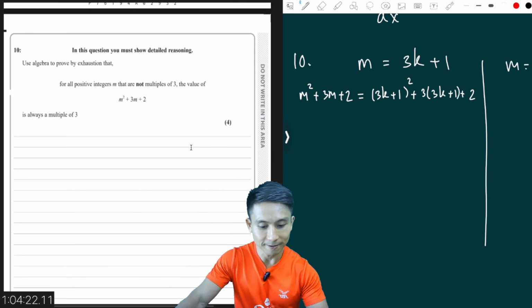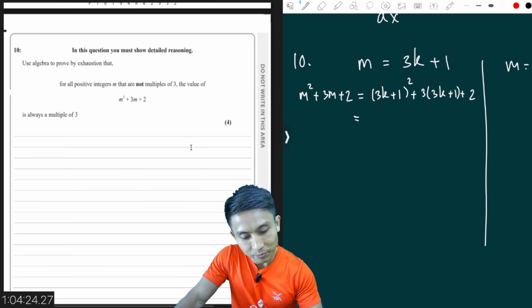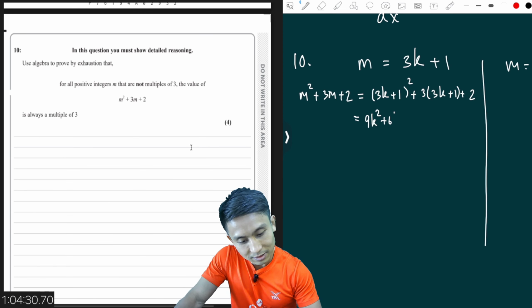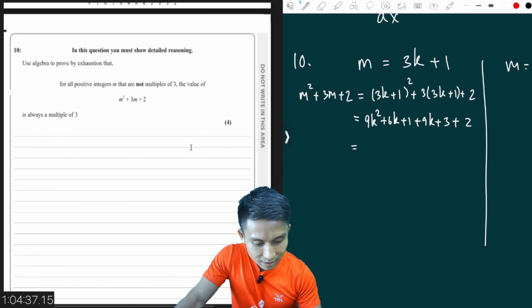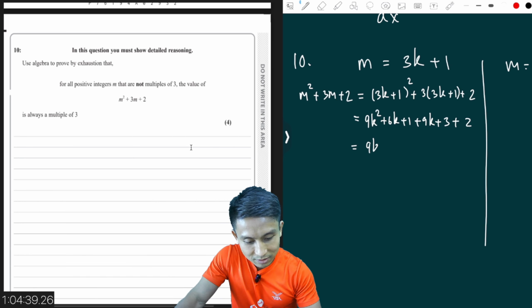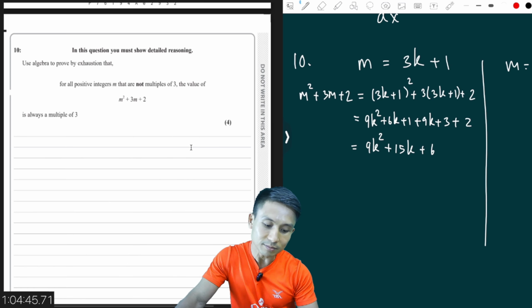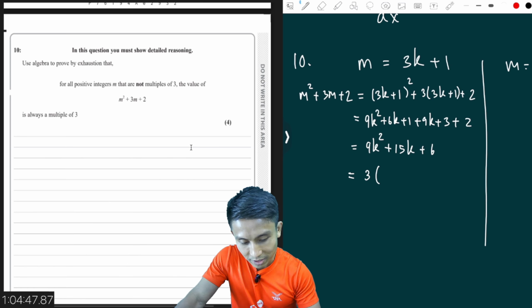So that's basically expanding the quadratic there. So 9k squared plus 6k plus 1 plus 9k plus 3 plus 2. And I can factorize 3 out, but let's simplify that first. So 9k squared plus 15k plus 6, right? So if I factorize 3 out, I have this.